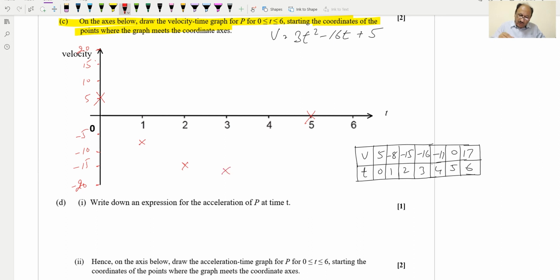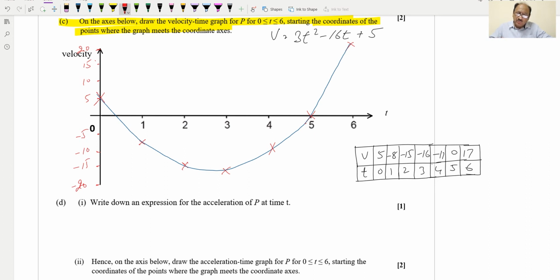Then 4 and minus 11 will be around here, and then for 6, 17, it will be around here. So we can draw this roughly quadratic curve. We can draw like this one. So this point we can rectify. This will be roughly over here because we are taking a rough graph. So these are the points which we have done.